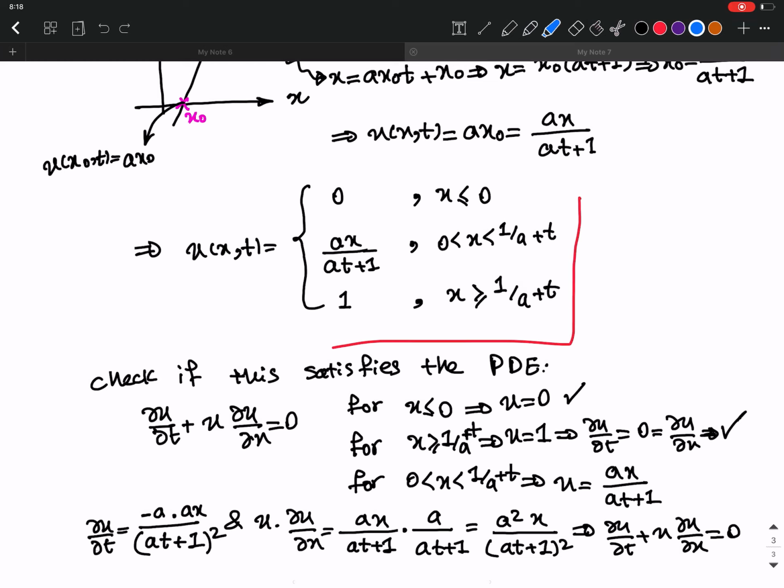So this also satisfies Burgers' equation. And so this solution is a valid solution for Burgers' equation.